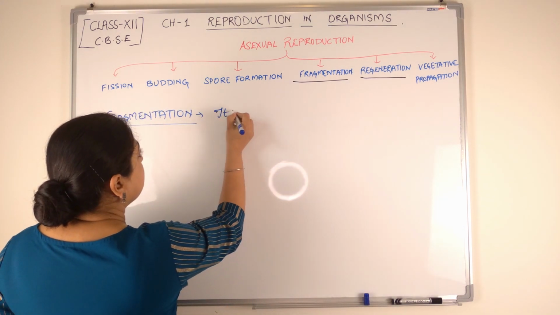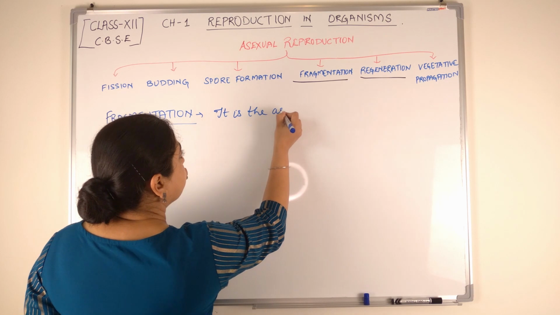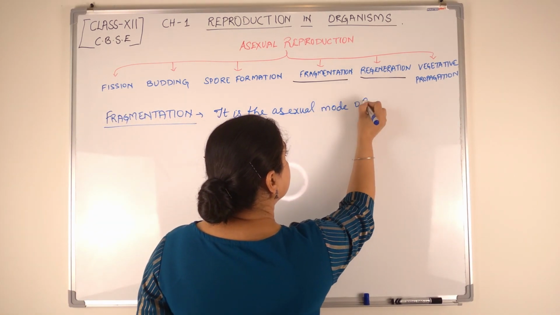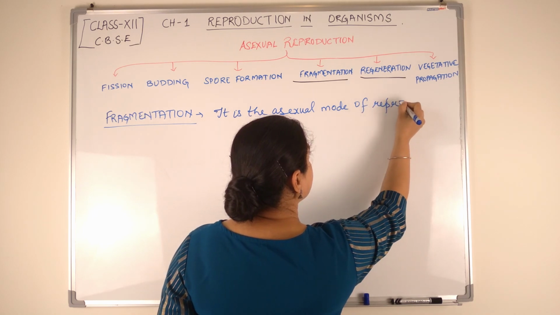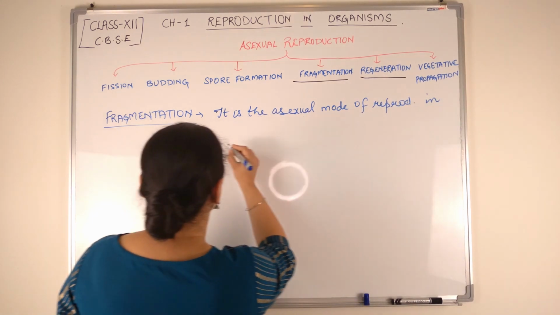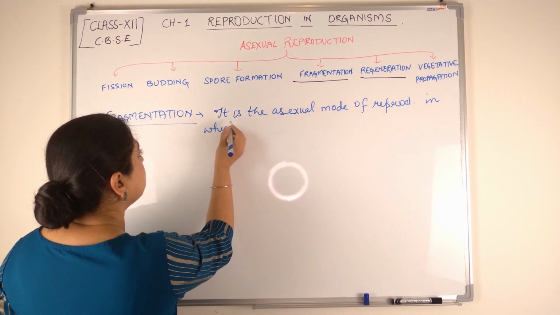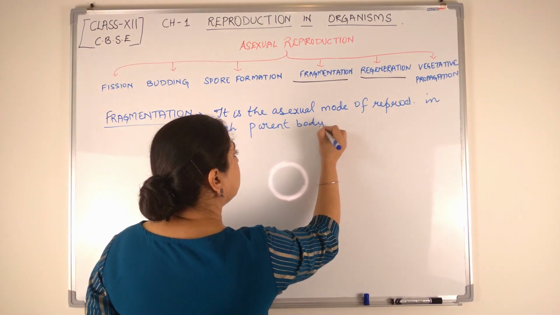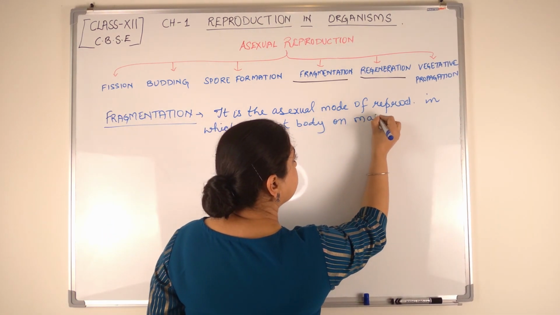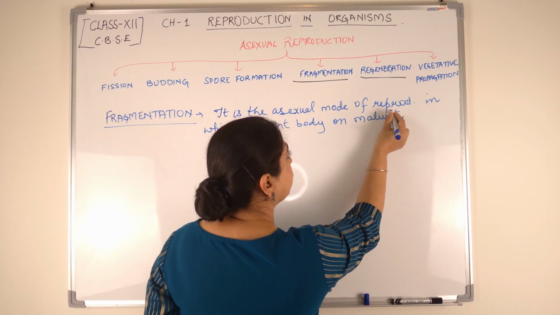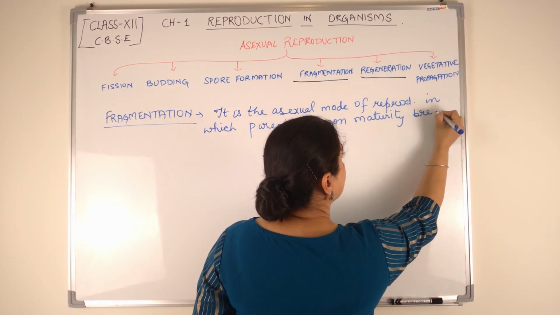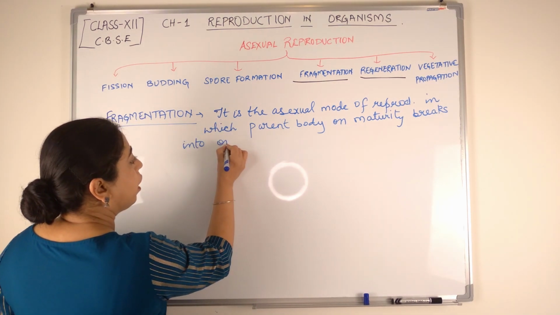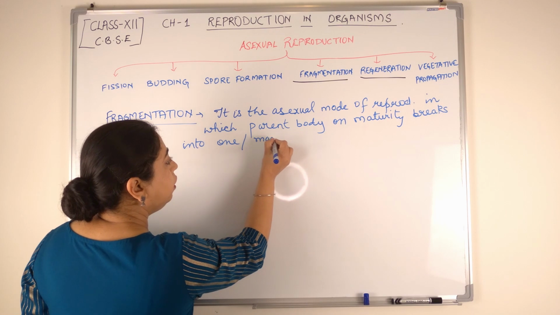It is the asexual mode of reproduction in which the parent body on maturity breaks into one or many pieces.